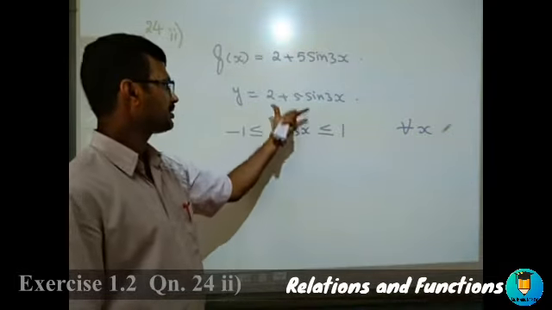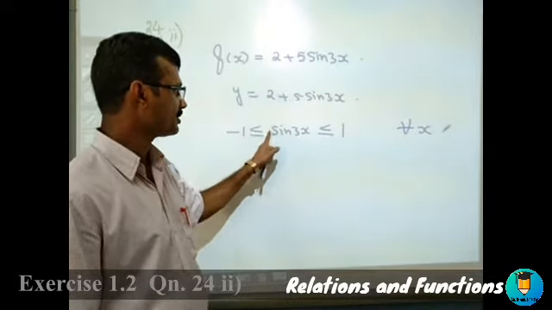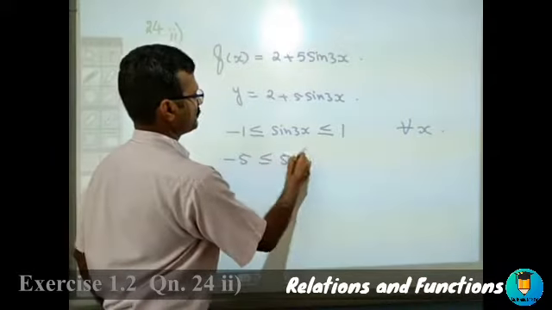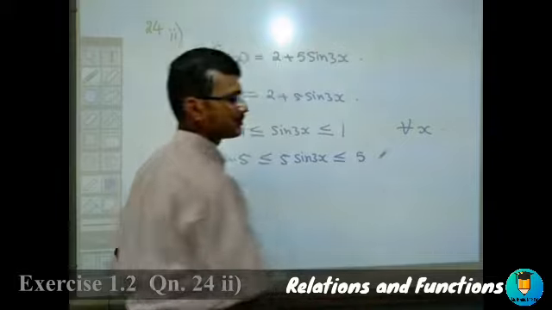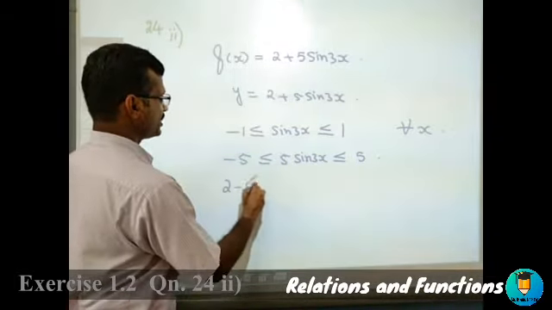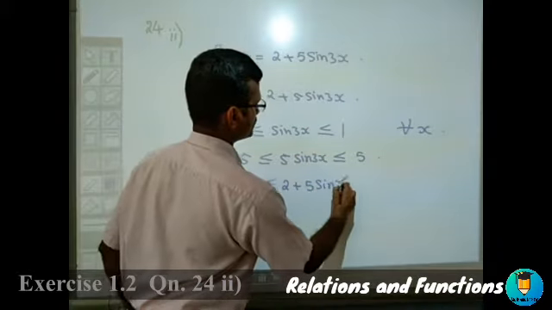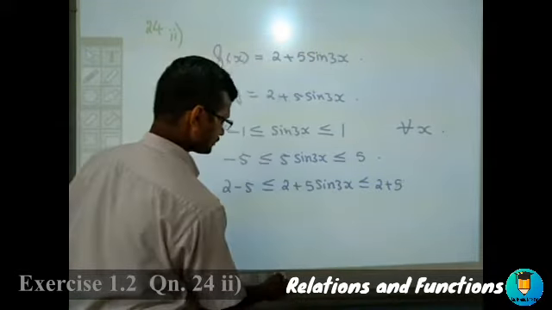Now this part I will convert into this format. First of all I need 5, so I will multiply with 5: -5 less than or equal to 5 sin 3x less than or equal to 5. Now I will add 2. So 2 minus 5 less than or equal to 2 plus 5 sin 3x less than or equal to 2 plus 5.